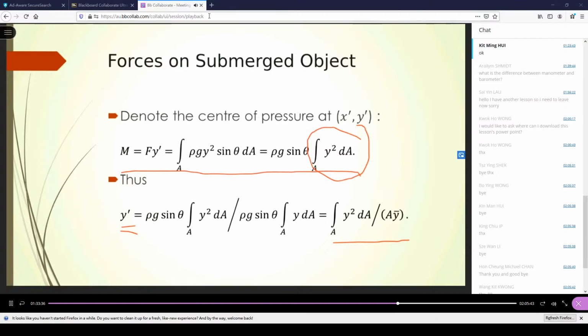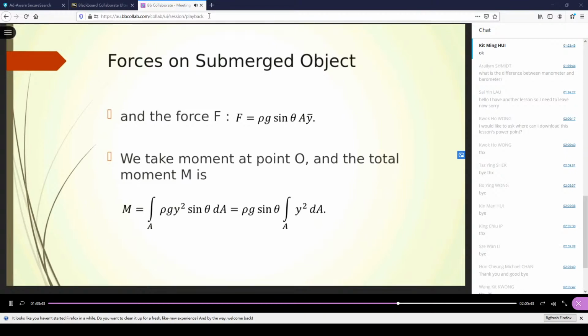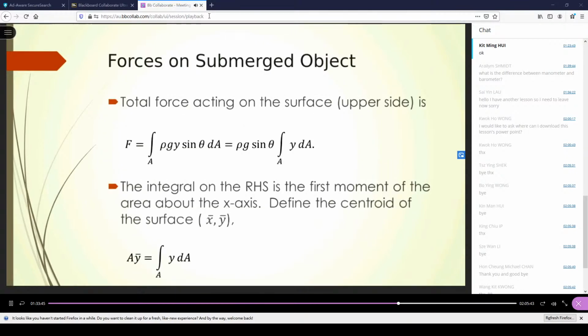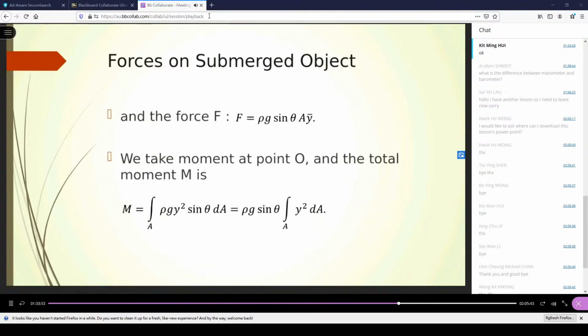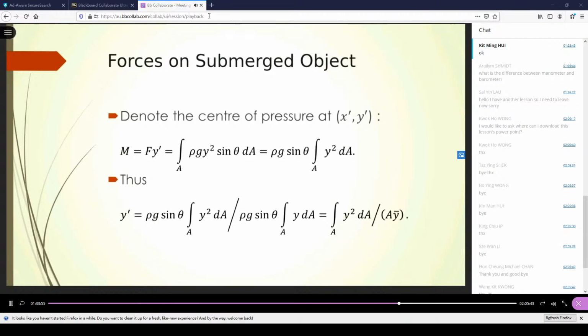Now this y bar, the small y bar here, is the centroid of the surface, and also the center of force, which involves the second moment of the area, can be found in tables.